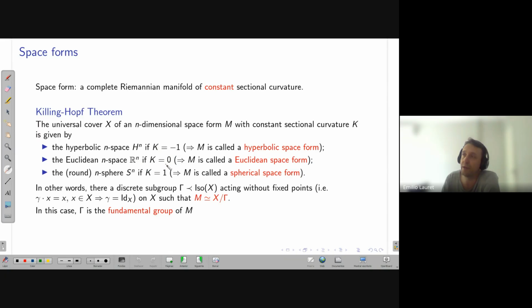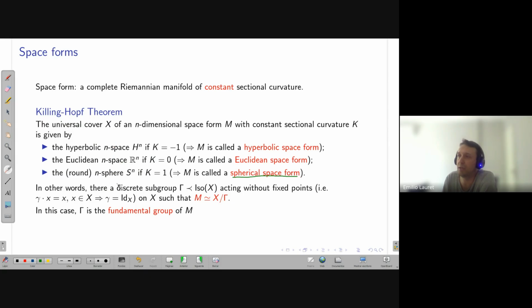So if you have constant curvature 0, it is the Euclidean space, and with positive curvature, which we will assume is going to be 1, the universal cover is the n sphere, okay? And this is the case that we are going to focus on. They are called spherical space forms. Equivalently, the Riemannian universal cover is this one, because we are assuming that the metric is the canonical one in these three cases.